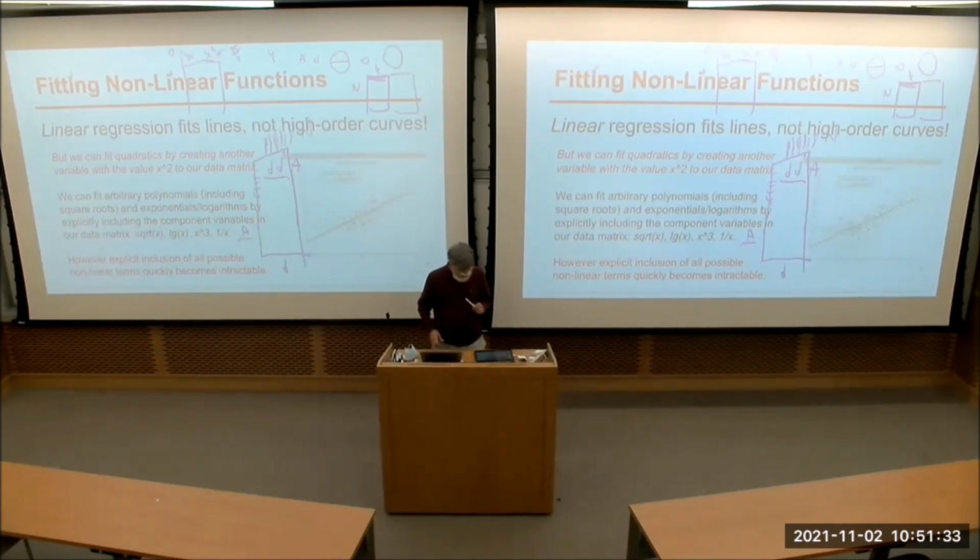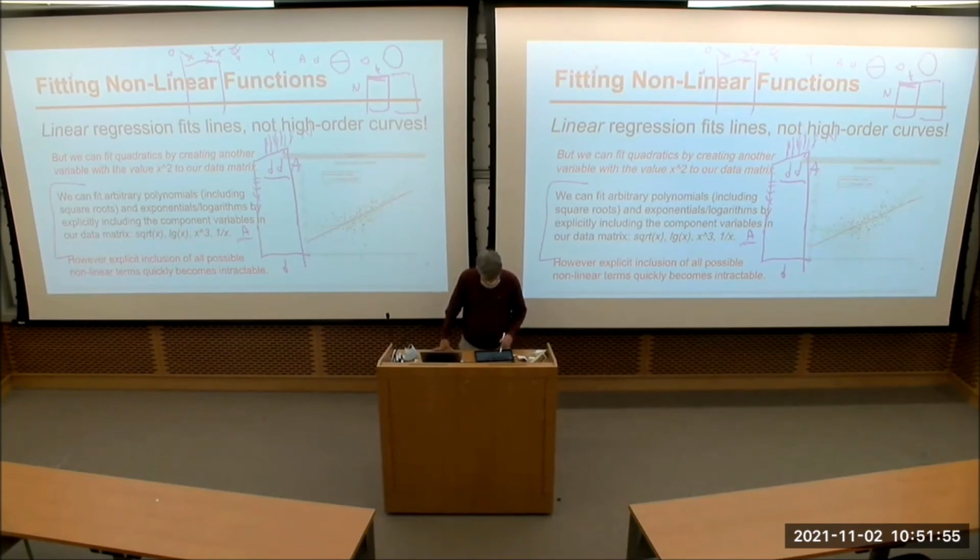You can augment your data matrix by any polynomial functions of your input variables. You could add x cubed, x squared. You could add the square root of x, which would be a sublinear term.